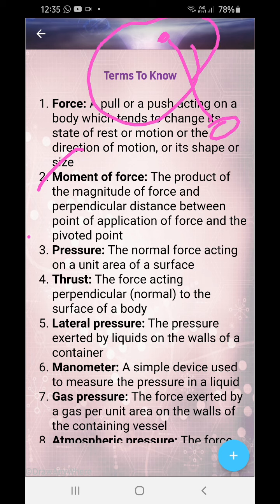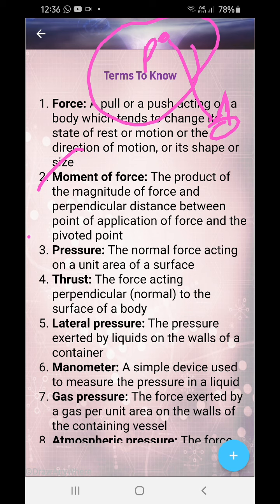This is moment of force. Now how will we calculate this? The magnitude of the force by which the body moves, times the perpendicular distance between the point of application of the force and the pivot point. This is the pivot point and this is the point of application of the force. So this is how we calculate the moment of force. It's also known as momentum.